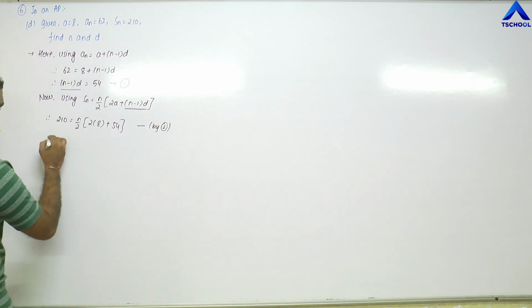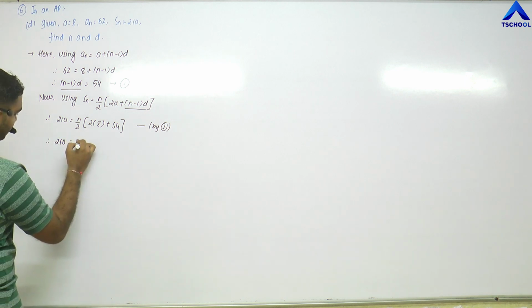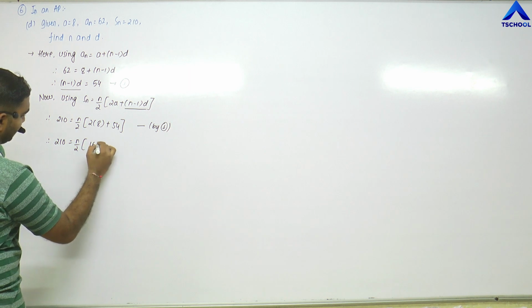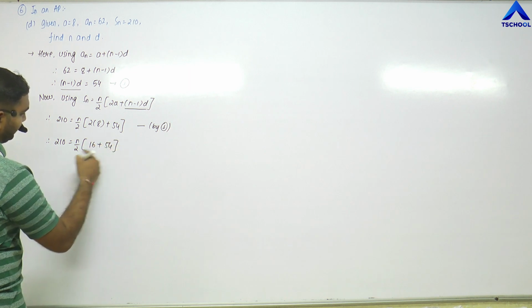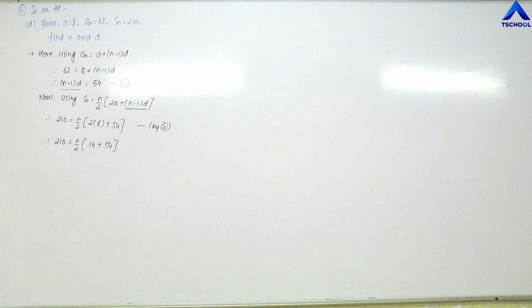Therefore, 210 is equals to n by 2 into 16 plus 54, that will be equals to 70, right? Yes or no, friends?